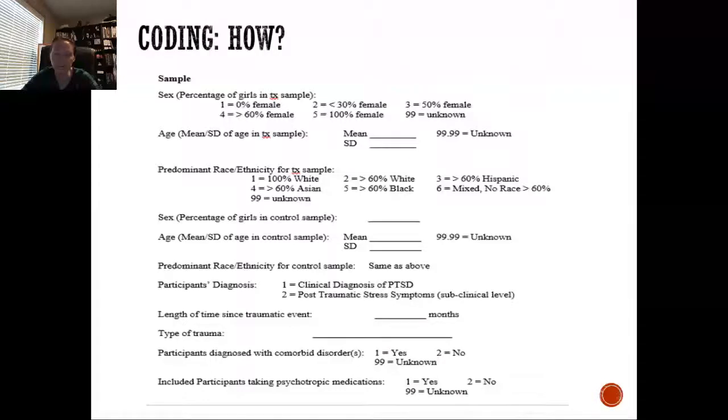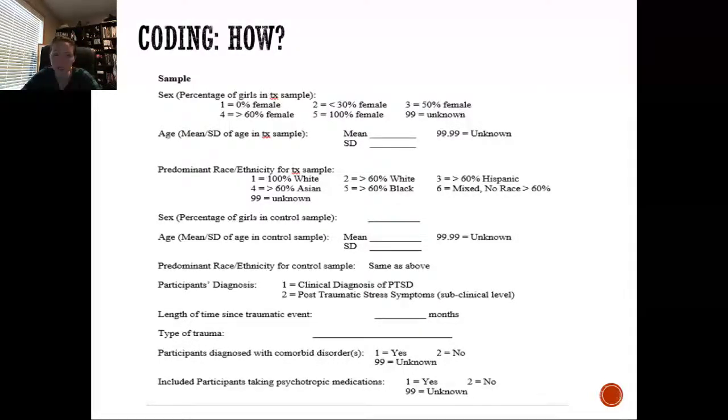But how that's broken down is we can categorize it into 1 being 0% female, 2 being greater than 30% female, 3 being 50% female, 4 being greater than 60% female, 5 being 100% female, and 99 representing unknown if you're unable to find that information in the article.